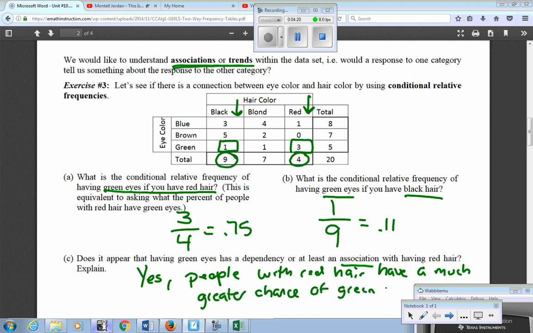So the percentages are so different that we can make this assumption, because from 75% and 11%, there's a 64% difference between those values.